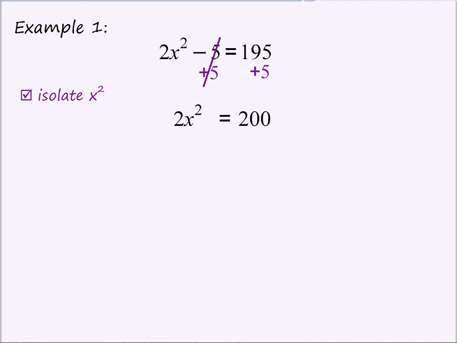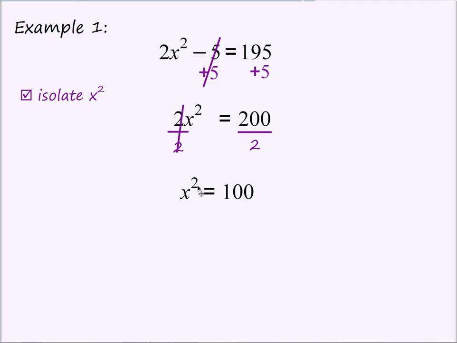To get rid of the 2 in front of the x squared, I'm going to divide both sides by 2. And I'm going to end up with x squared equals 100. Now that x squared is by itself, then I can focus on isolating x.